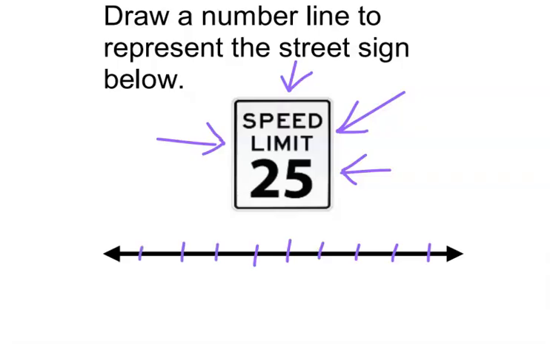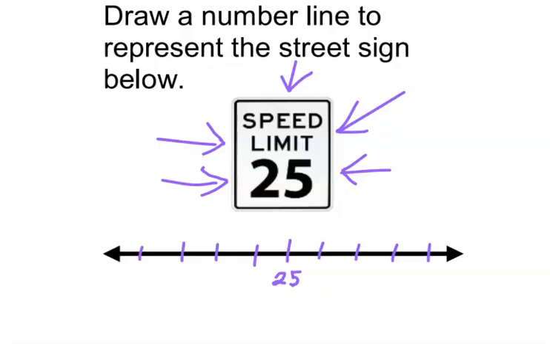Since I know that the number we're going to be going higher or lower than is 25, I'm just going to pick a spot and make it 25. So why not right there in the middle? Now I can list the other intervals. I could count by 5s up, or I could count by 1s up. It doesn't really matter, so let's just do 1s.